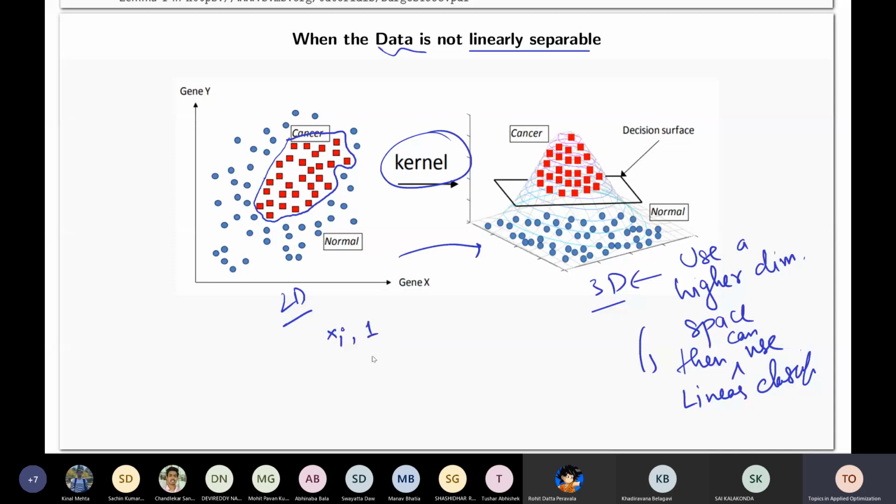Let us say cancer data is 1, and non-cancer data is classified as 0. This is the feature data that is given to me, and I am visualizing it in this space. Based on the label, I have put red or blue. The red is like cancer and blue is like a normal patient, right?